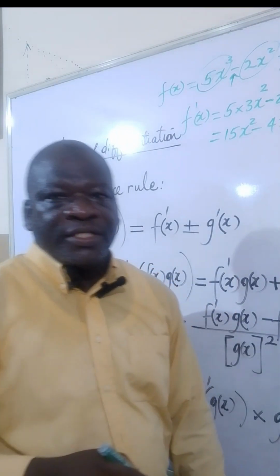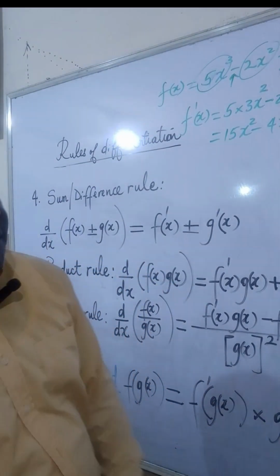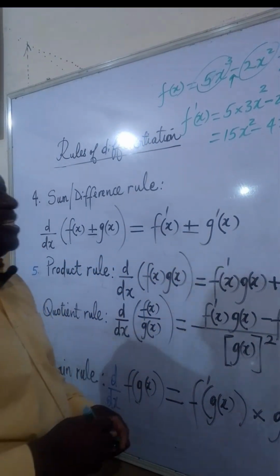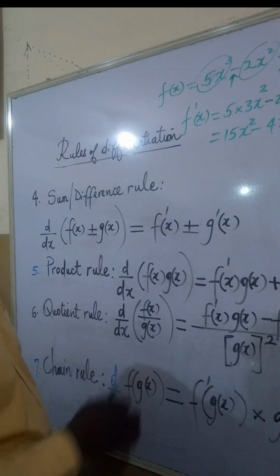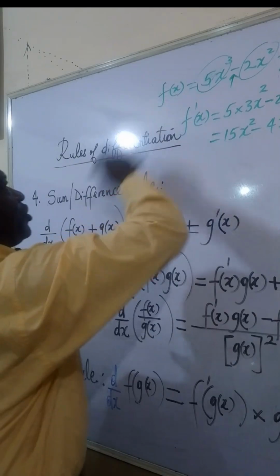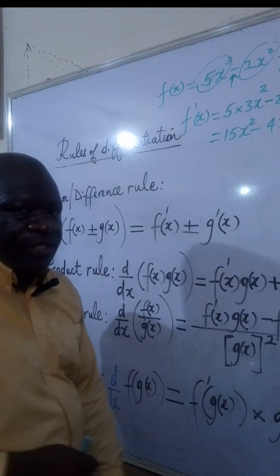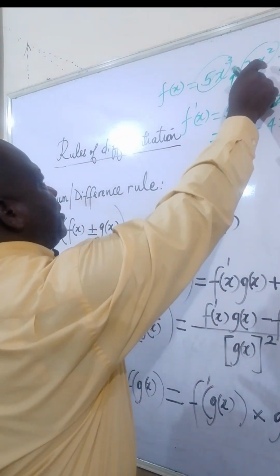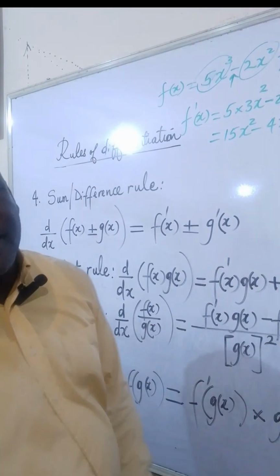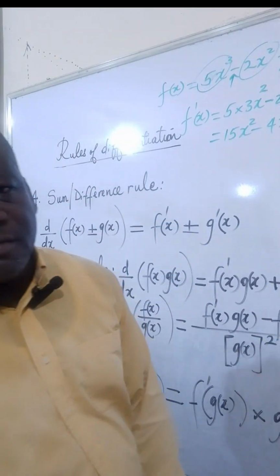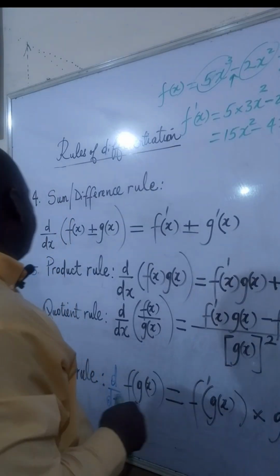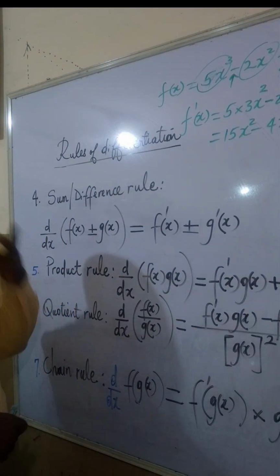This is how you can apply the sum or difference rule. You are differentiating each function: the first function, which is 5x raised to power 3, the second function, which is 2x squared, and the third function, which is 7. So that's the sum or difference rule.